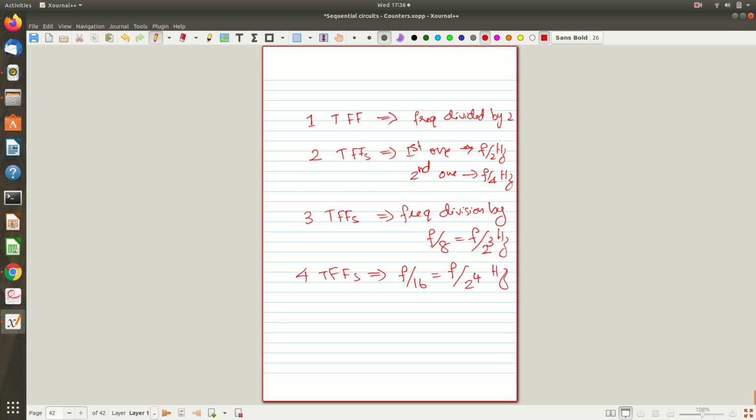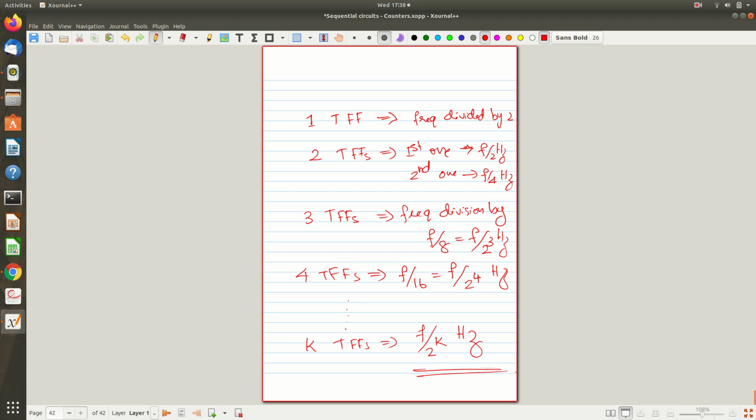Now you can generalize it. If I have k T flip-flops, I will be able to divide the input frequency by 2 power k. So this is how we divide the input frequency by some power of 2. For the very first flip-flop, to which the clock is directly applied, the output will be input frequency by 2.